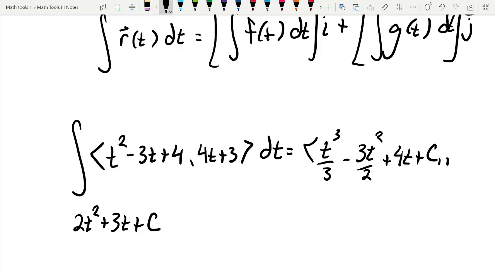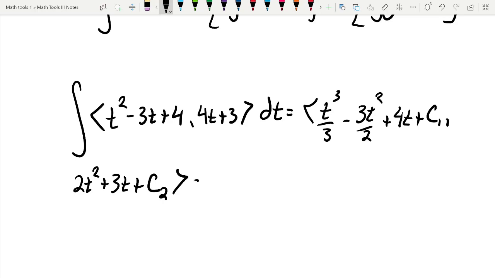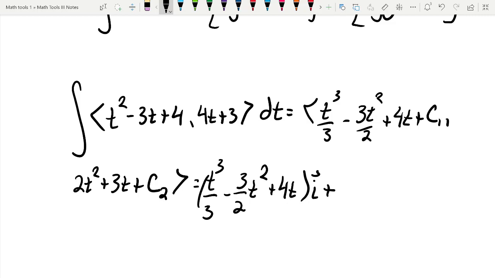So we might want to differentiate these constants, call it C1 and C2, just because they don't need to be the same number, right? Now, if we're writing it out in the unit vector form, then sometimes we might combine the constants. So plus 4t i hat, and then we might have 2t squared plus 3t j hat, and then we might have a constant vector.